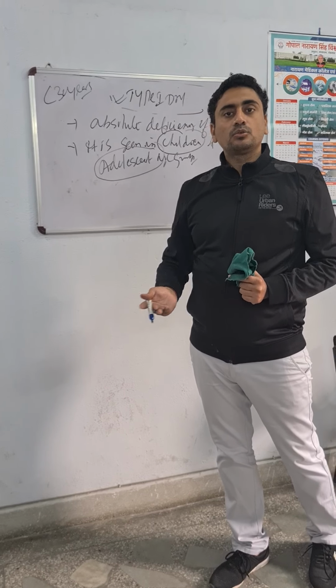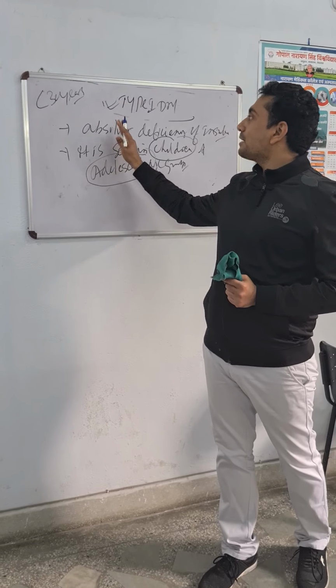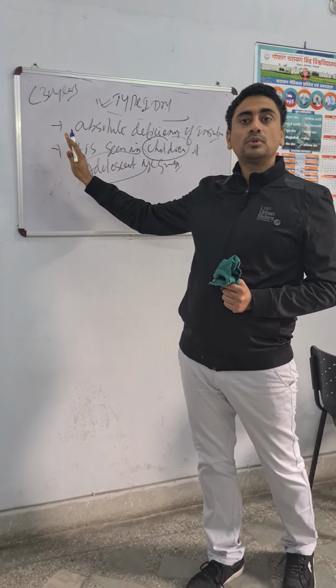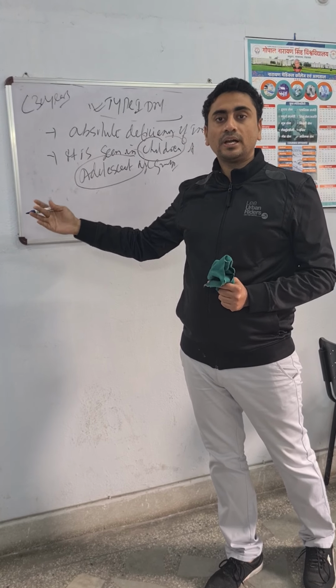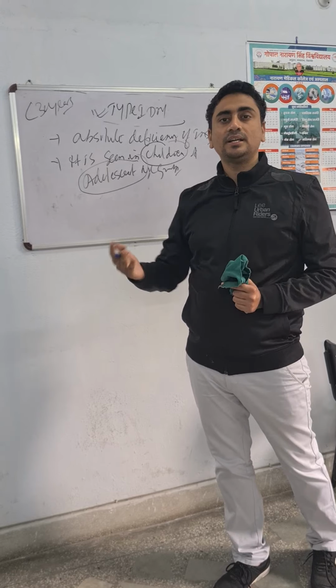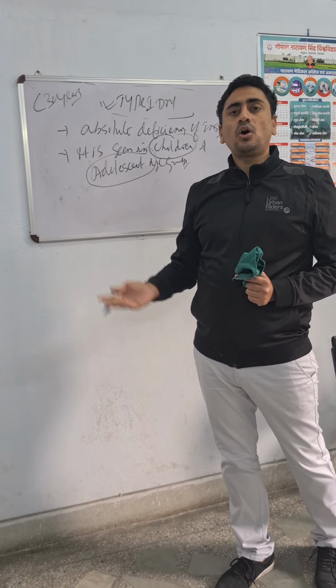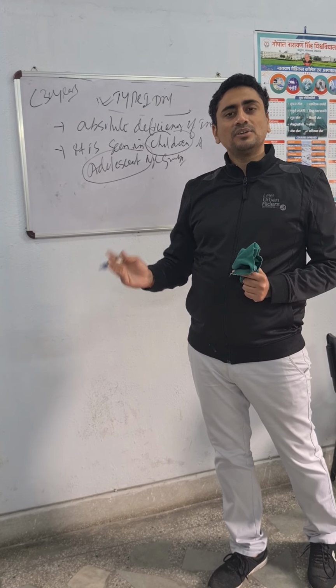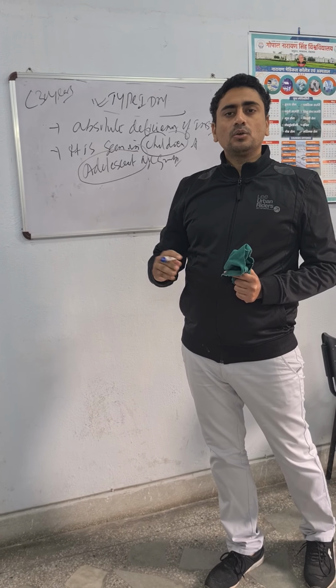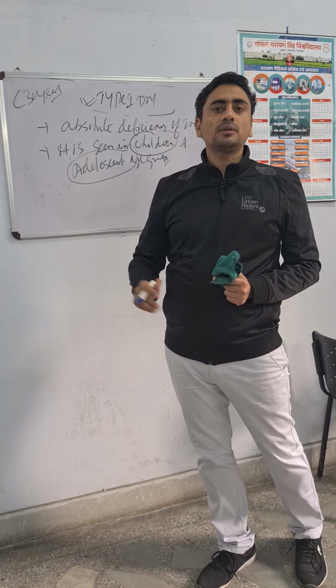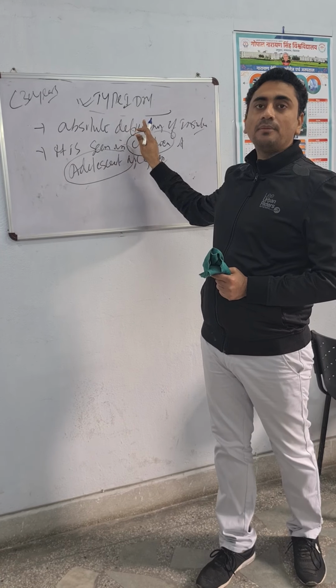There could be diabetic retinopathy, diabetic nephropathy, peripheral neuropathy, or gangrene. These are the chronic complications associated with type 1 diabetes mellitus.